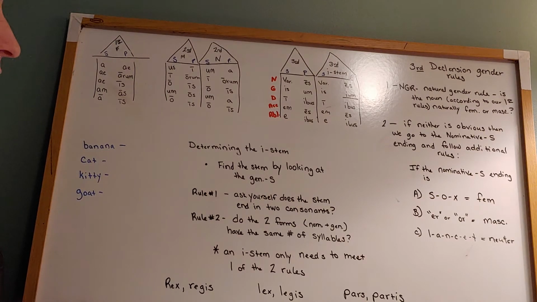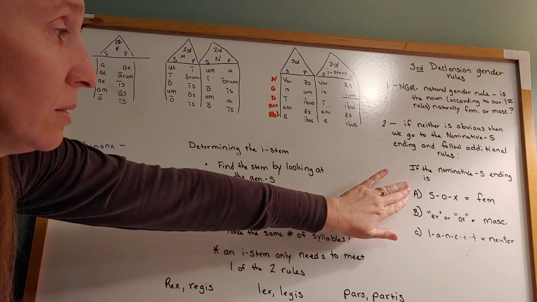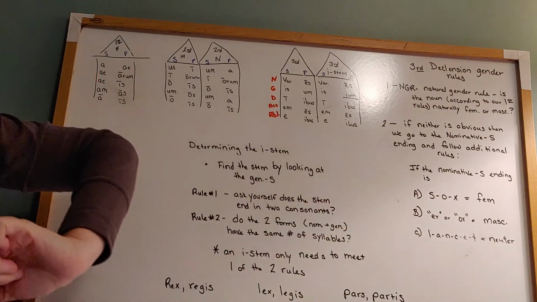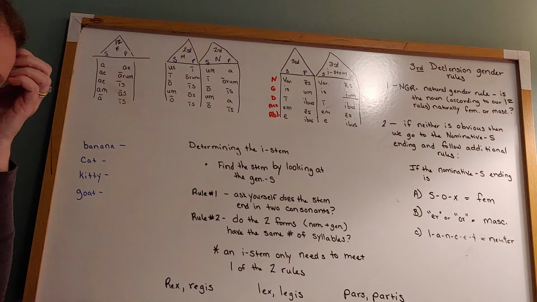Second, if it's not obvious, then you look at the nominative singular ending and follow these rules. Ends in S or O or X, it's going to be feminine. If the nominative singular ending is ER or OR, it's going to be masculine. If it's L or A or N or C or E or T, it's going to be neuter.